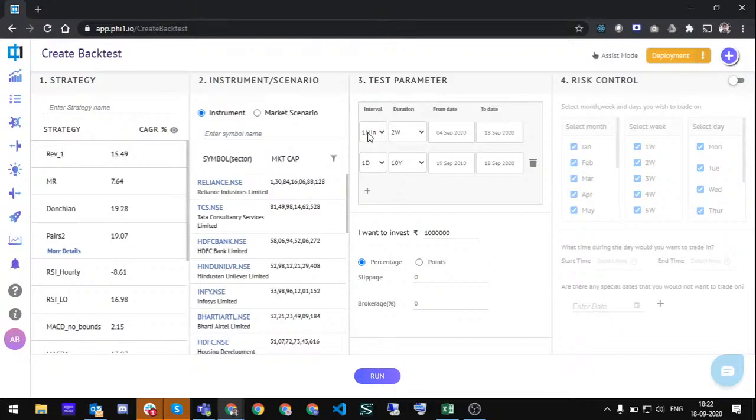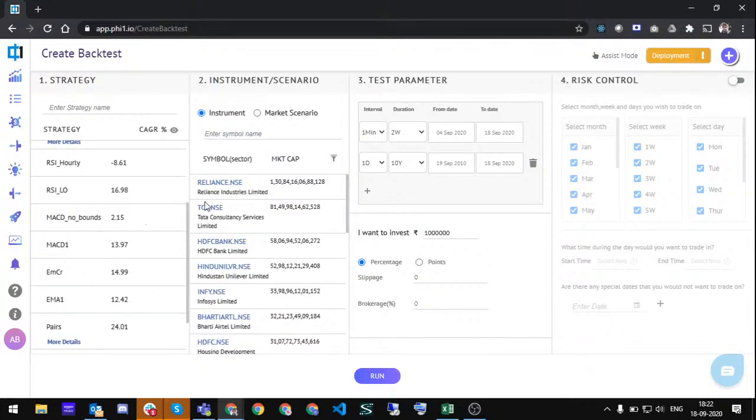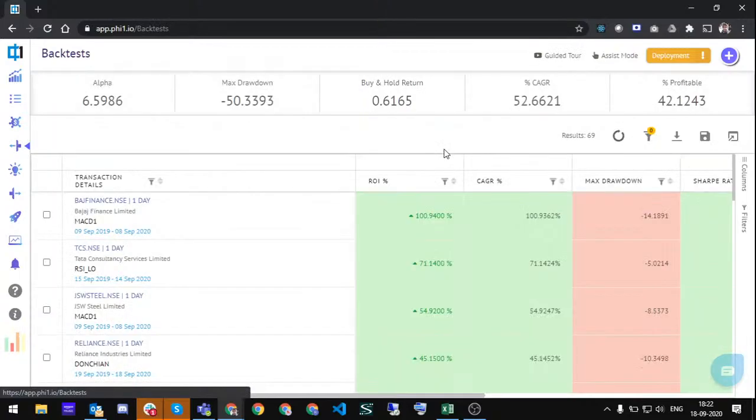If I select Donchian or let's say MACD1, and if I select Reliance, then we're testing the MACD no bound strategy on the Reliance instrument for 1 minute and 1 day both, for the durations that I've selected here, by one click essentially. And as soon as it's done, it comes back to the backtesting page and you have access to each and every backtest.